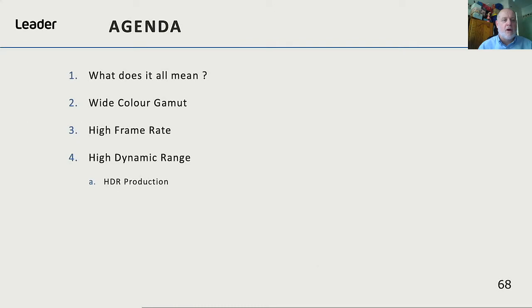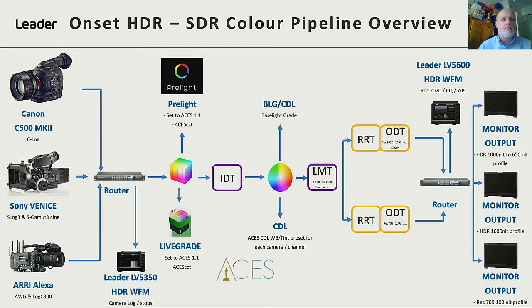So today we're going to talk about high dynamic range and high dynamic range production. And we're going to look at an ACES HDR, SDR look control and workflow. And here we have an onset HDR, SDR color pipeline overview using the Academy Color Encoding System. Now, over 300 movies have been produced and distributed using ACES with support of the big VFX studios.